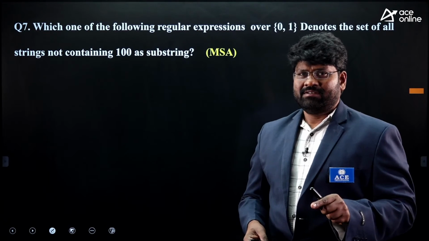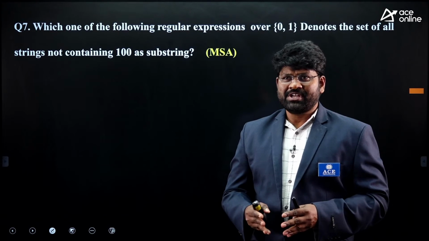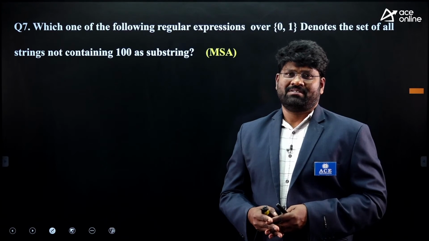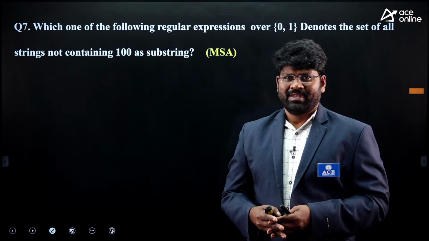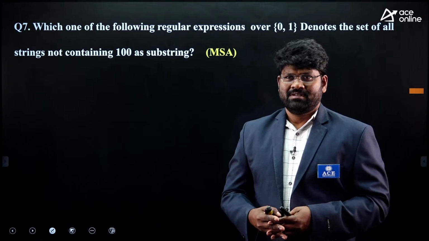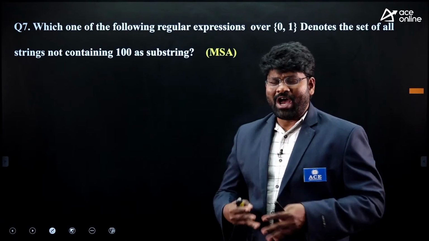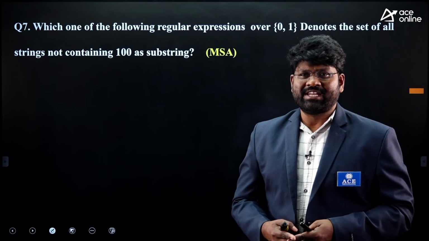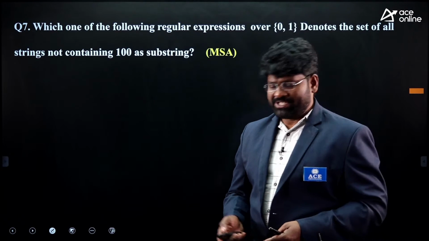As you are aware, for every regular language, the regular expression is not necessarily unique. You can have multiple expressions. That's why multiple options have been given. You have to figure out the right expression to represent this statement. Let's look at the options here.